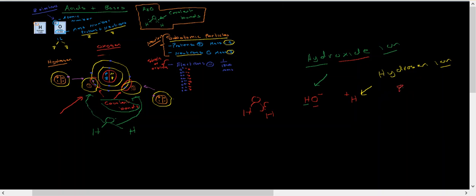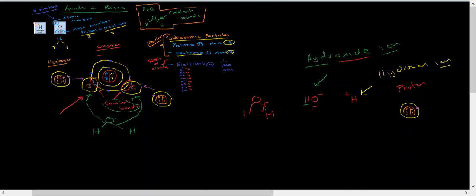It's also called a proton, because if you think about what this is, it's basically just a hydrogen atom like this here. It's just like this, except what's happened is it has lost this outer electron.